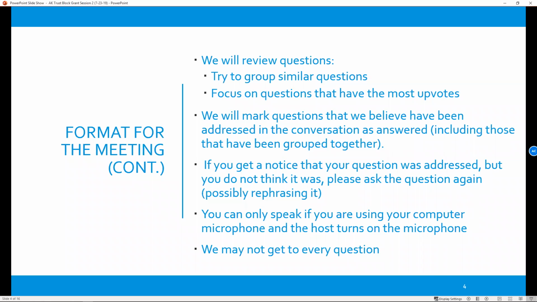I do note, however, that with this many people, we are scanning through everybody, but we apologize in advance if we missed anybody who had a raised hand. And again, we want to give the caveat that we won't necessarily get to every question, but we were successful last time, so I'm really hopeful that we will be able to this time also.